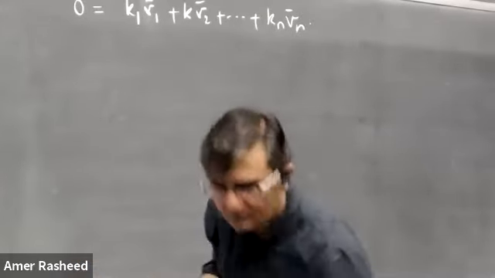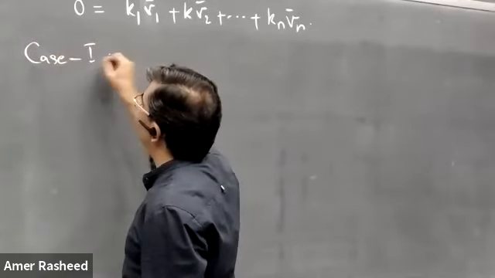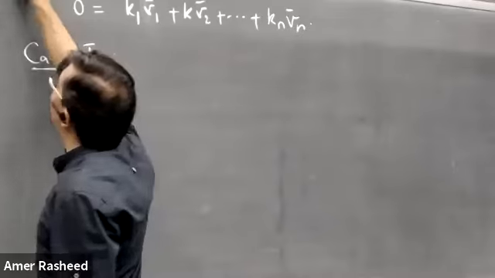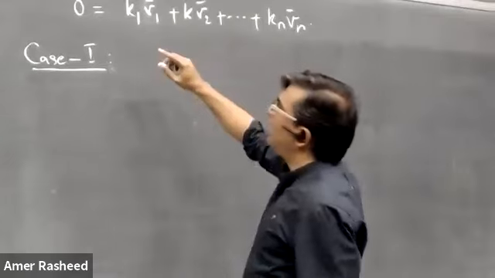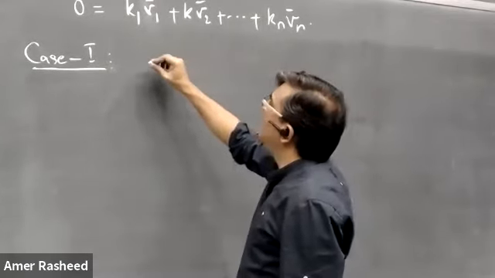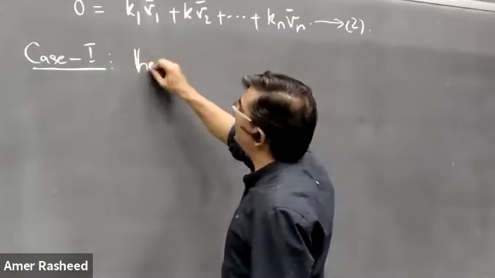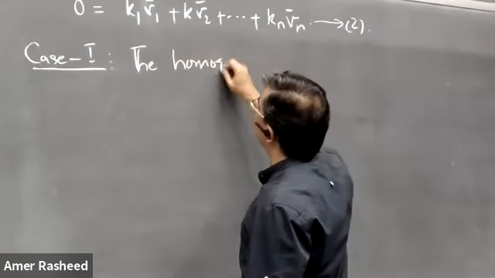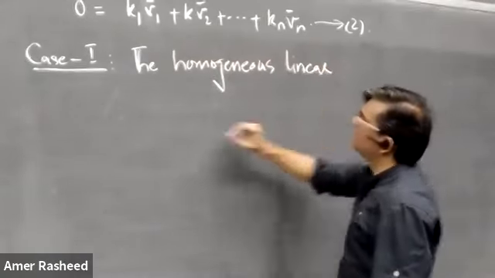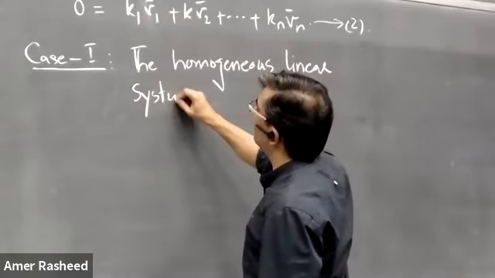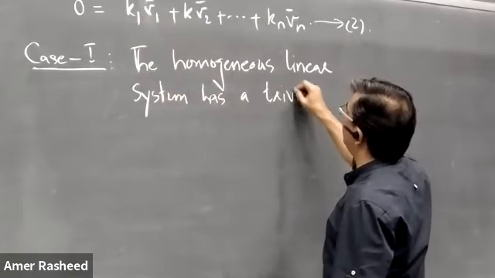Case 1: if W is a 0 vector, this homogeneous linear system has a trivial solution.